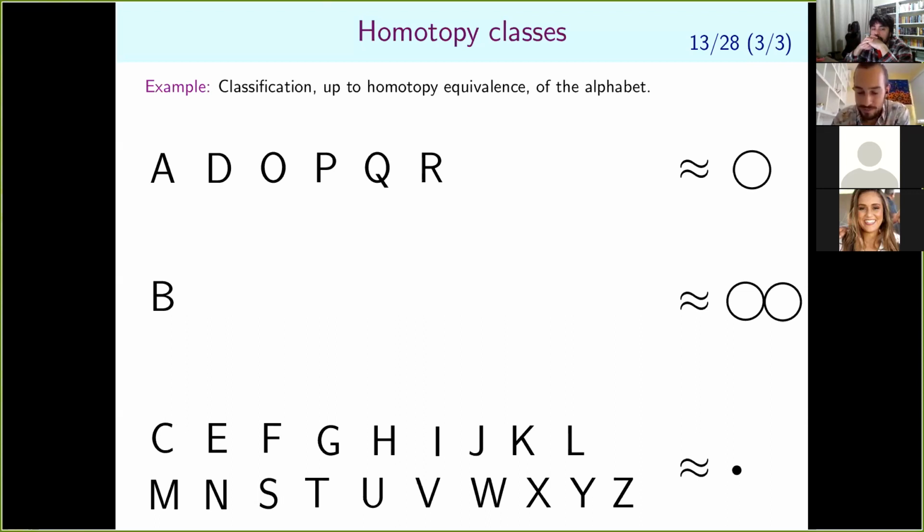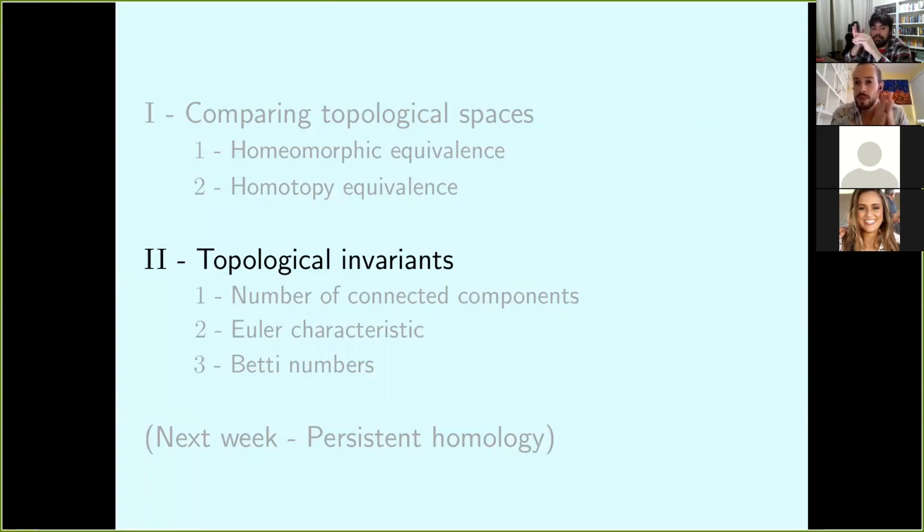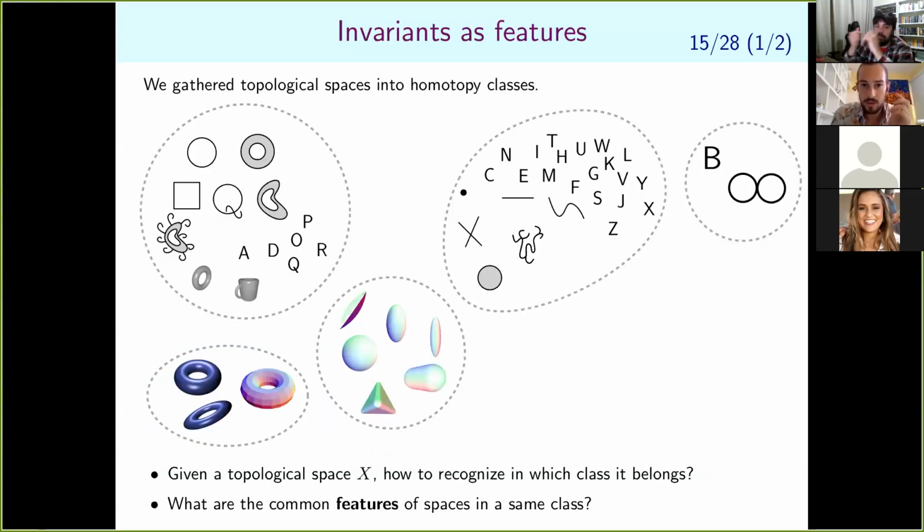All right. So this is it for comparing topological spaces. Now, there are some questions. We classified topological spaces into classes, right? That should correspond to common topological objects.